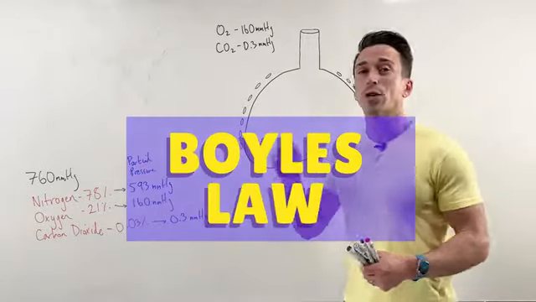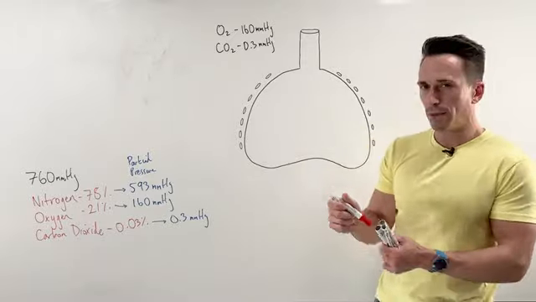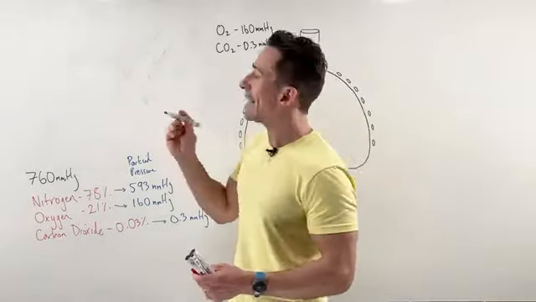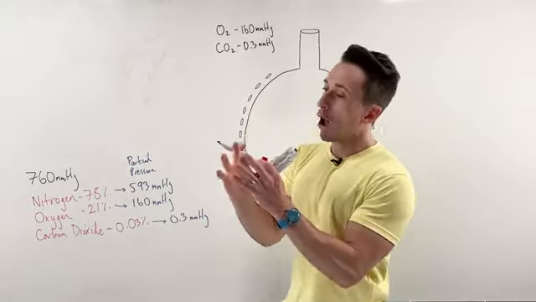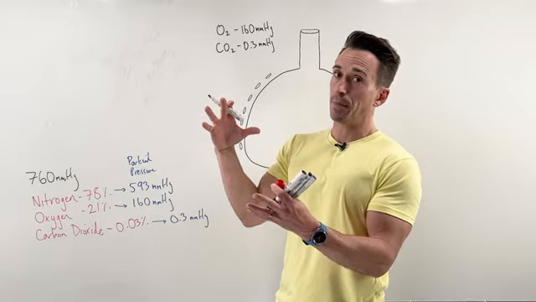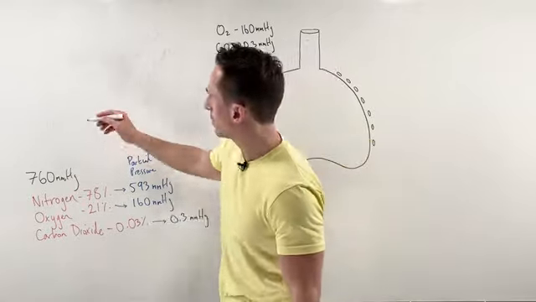Boyle's law is a really interesting law, super important to understand. Boyle's law states that there is an inverse or opposing relationship between the volume of a container and the pressure inside of that container. What does that mean? Let's think about this.